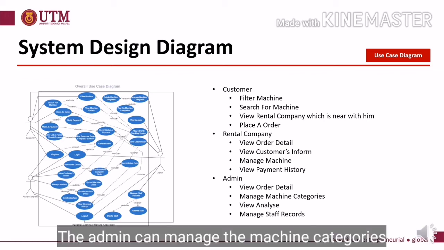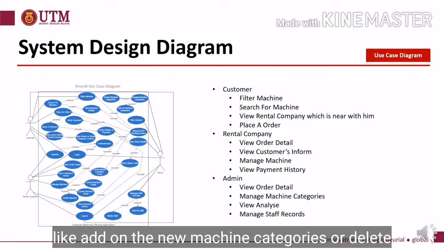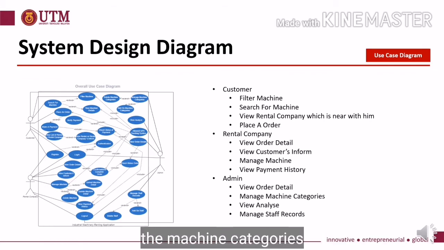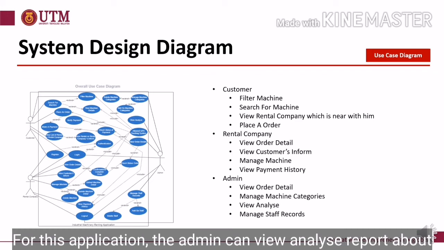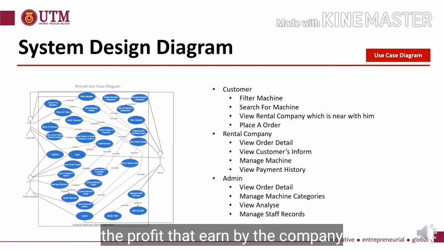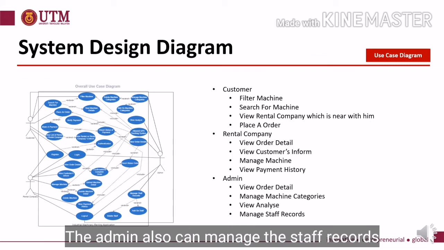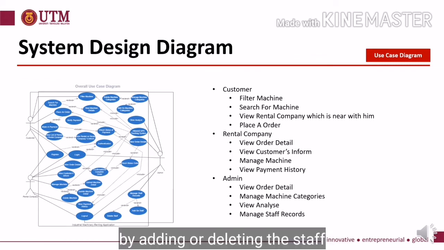And the admin can manage the machinery category, like adding a new machinery category or deleting a machine category. For this application, the admin can view the analysis reports about the profit earned by the company, and the admin also can manage the staff records by adding or deleting staff.